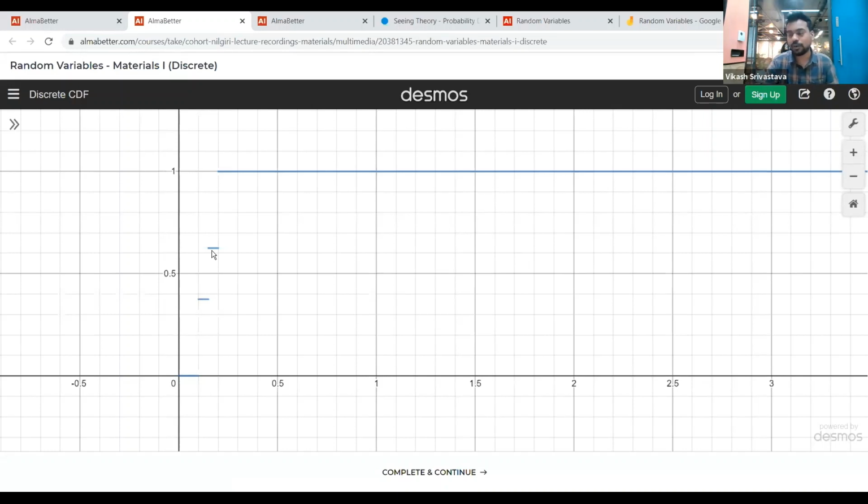So it can be, let's say, 0.17, so our capital X is less than or equal to 0.17. That means we'll include all the balls which have 100 grams weight and also 150 grams weight, right? So that's why we have 5 by 8, because there are 3 balls with 100 grams and 2 balls with 150 grams out of the 8 balls. So this is the example of CDF.